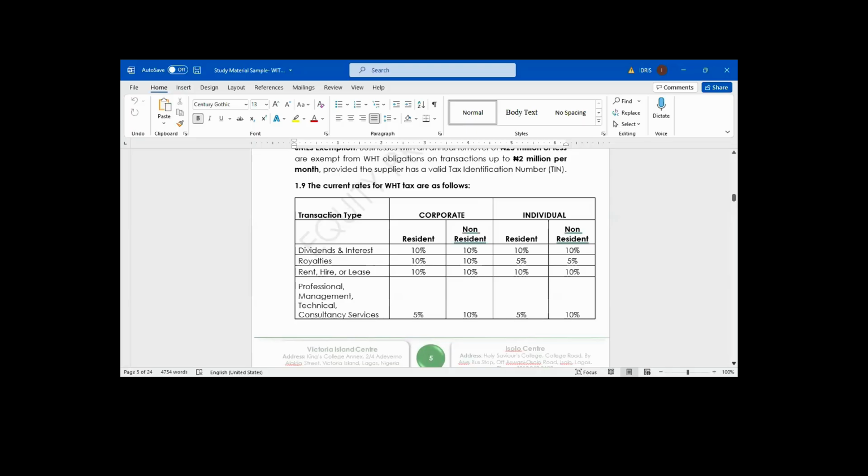If the artisan renders service to you using his company name, it's a different thing entirely. But if the artisan renders service to you in his own name, that is an individual. For an individual, you don't apply the small company exemption. You need to deduct withholding tax. But if it is a company, that is when you ask whether it is a small company.